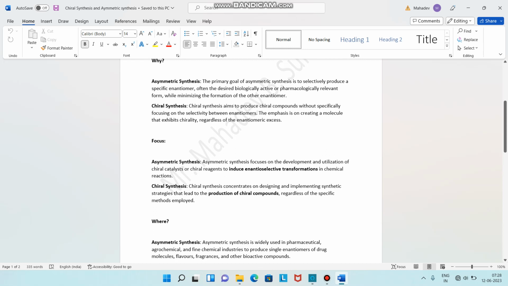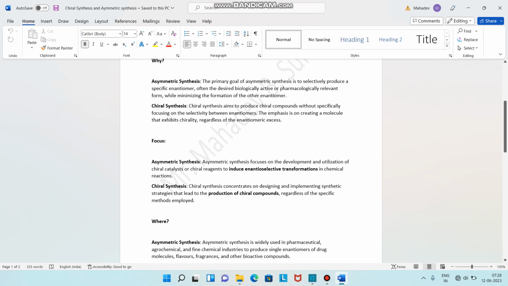Now the focus point: in asymmetric synthesis, the focus is on the development and utilization of chiral catalysts or chiral reagents. These are used to synthesize a particular enantiomer.